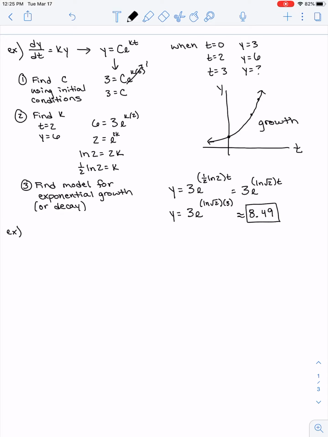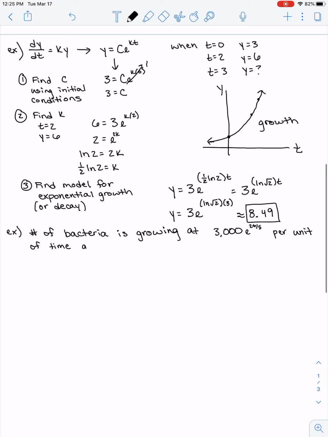So if the number of bacteria is growing at 3,000 e to the 2t over 5 per unit of time, and at t equals 0, the number of bacteria equals 7,500.